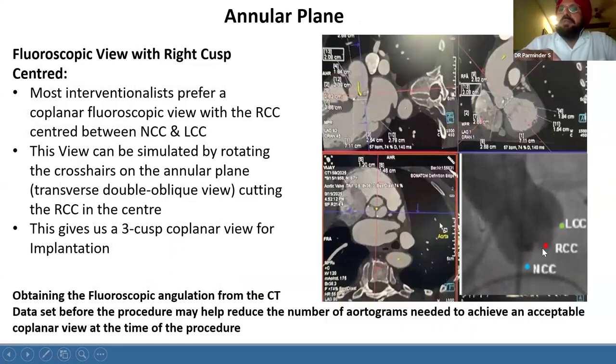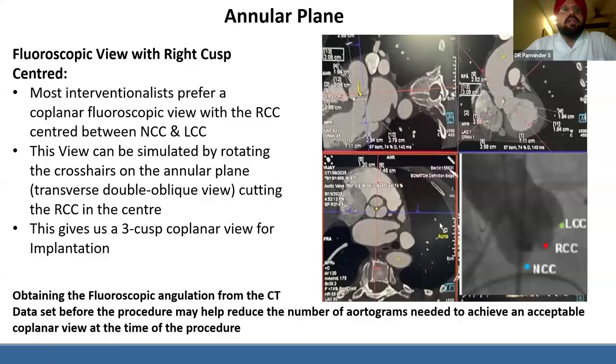And we can achieve this angle by looking at the cross-sectional or the transverse view. This is the transverse view where we are looking at all three cusps. The cursor or the crosshair should cut the right coronary cusp in the center. So if you now go to the image on the right top, this will give you the angle. It's LAO 1, cranial 1, right?